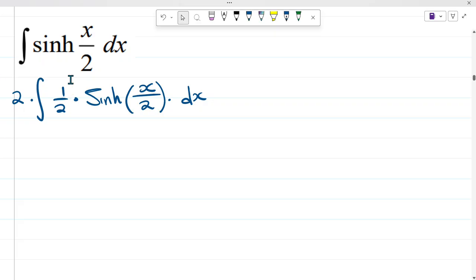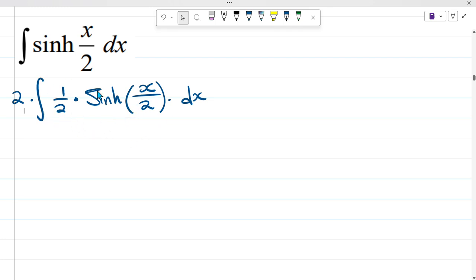Now when you have the derivative of the argument and this hyperbolic function, you ask yourself, what was differentiated for me to get positive hyperbolic sine of x over 2?